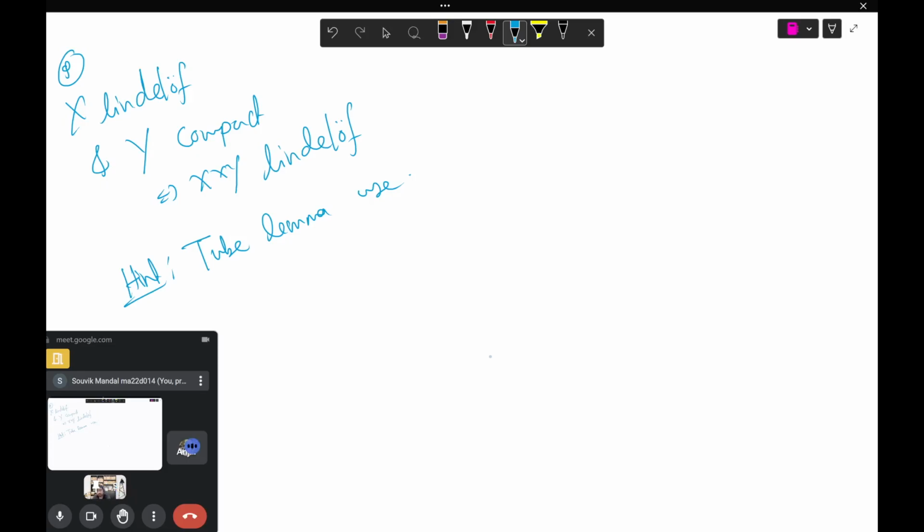Sir, suppose U alpha is a cover of X cross Y. Since it is open, by the tube lemma, we take a point x cross y such that a neighborhood of x cross y is contained in that open set.